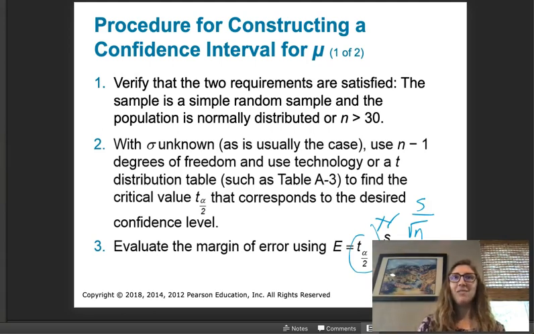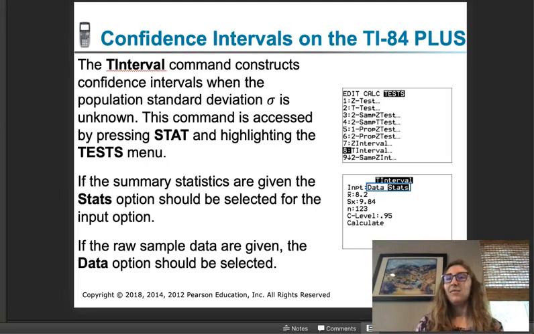All right, so now for the calculator, how do we find our confidence intervals in our calculator? We would go to the same place, to our stat, and then scroll to the right here to get tests. Then we'd scroll down to our t interval.